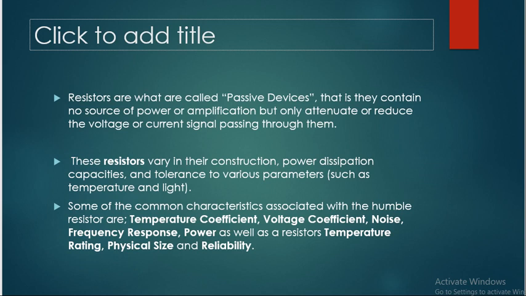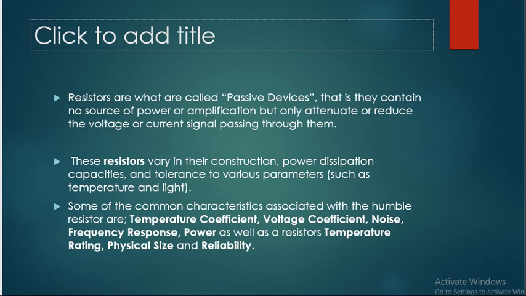Resistors vary in their construction, power dissipation, capacities, and tolerance to various parameters. We can consider different parameters, for example, temperature and light. This is just an example.